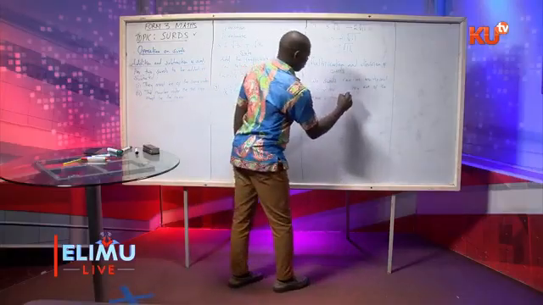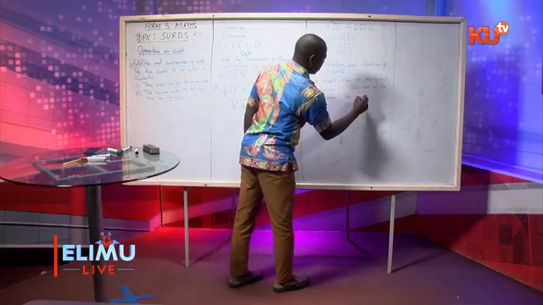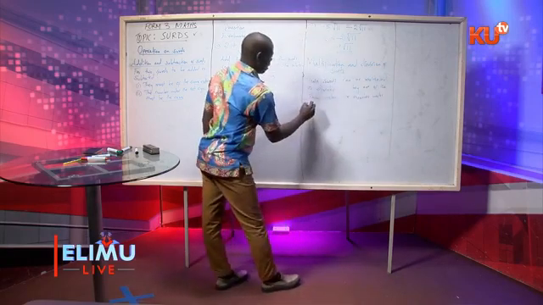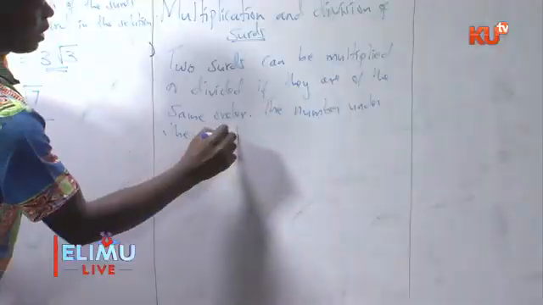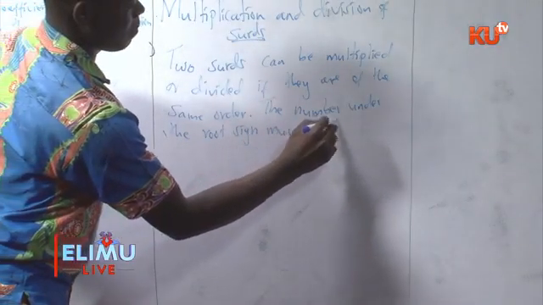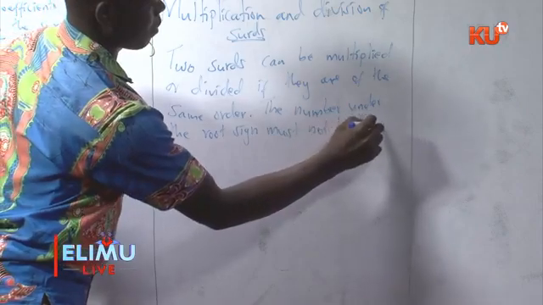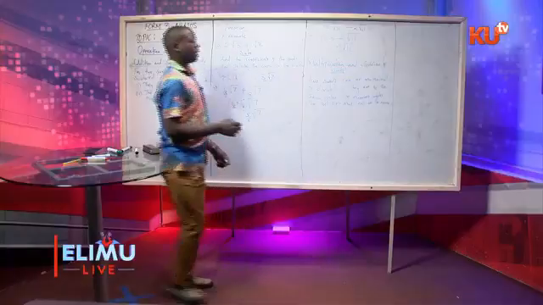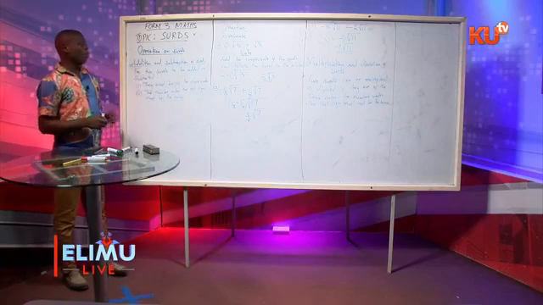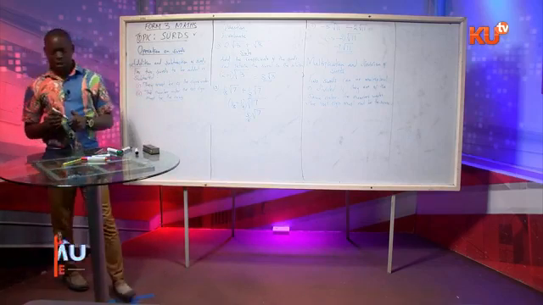The number under the root sign must not be the same. So the case for the number under the root sign being the same must only be observed when you are doing addition and subtraction.